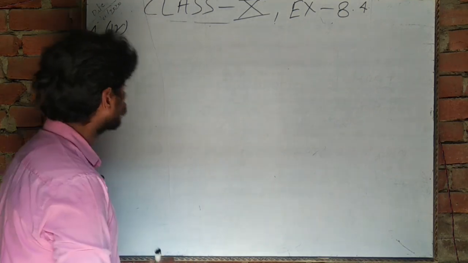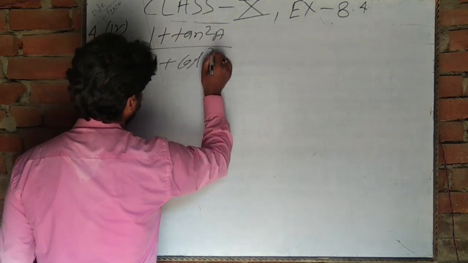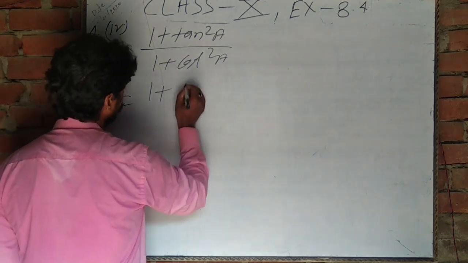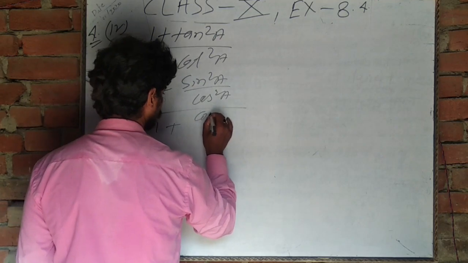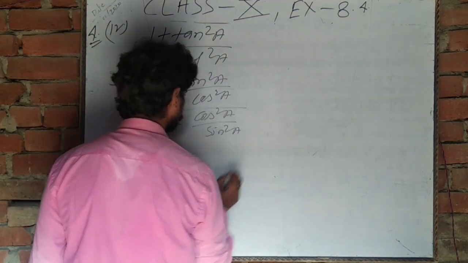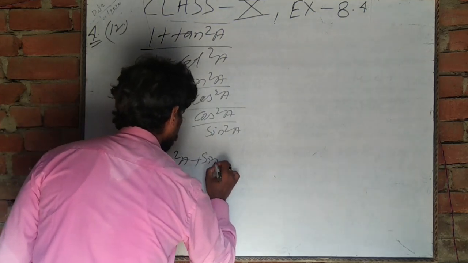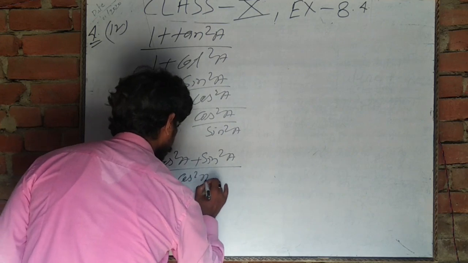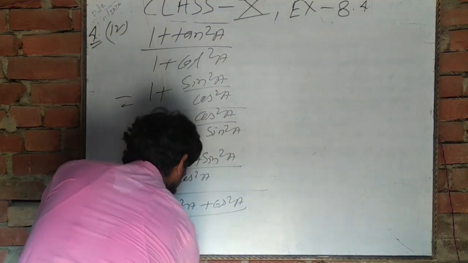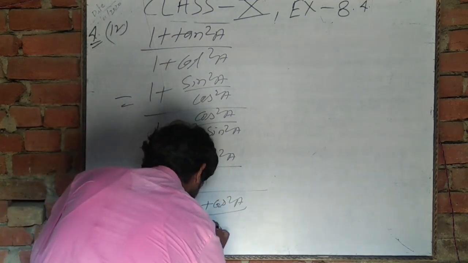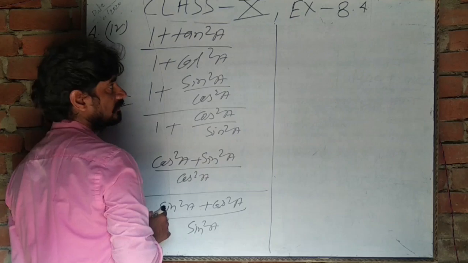1 plus tan square A by 1 plus cot square A. 1 plus sin square A by cos square A by 1 plus cos square A by sin square A. Again, LCM is cos square A, so we will write cos square A plus sin square A by cos square A, whole by, LCM is sin square A, so sin square A plus cos square A by sin square A. Here, fourth term, so we have an idea, 1 into 4 by second into third.